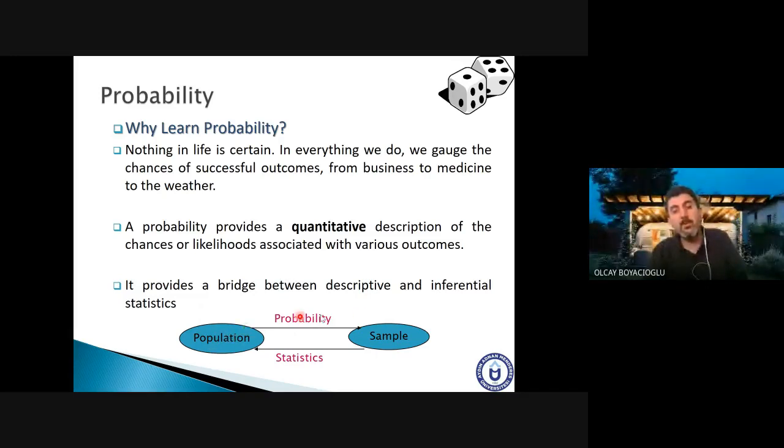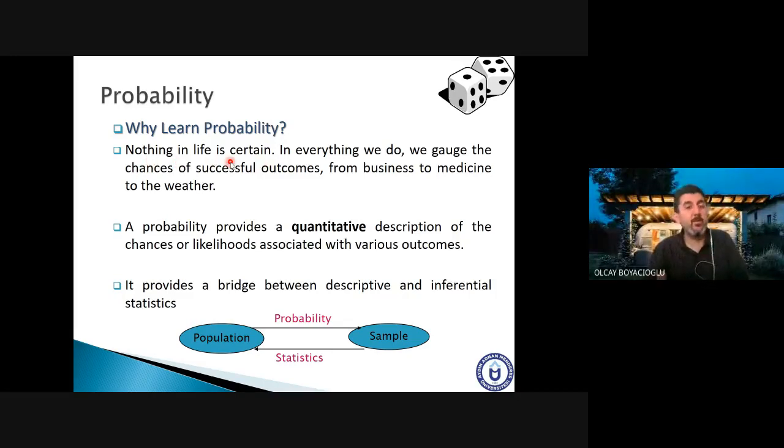Also remember that when you know about the entire population, you can guess the probability of selecting a sample data set. That is where you need probability knowledge. However, if all you know is the sample, then you will need statistics to make estimates about the population.